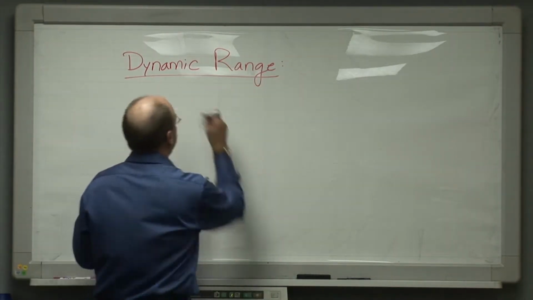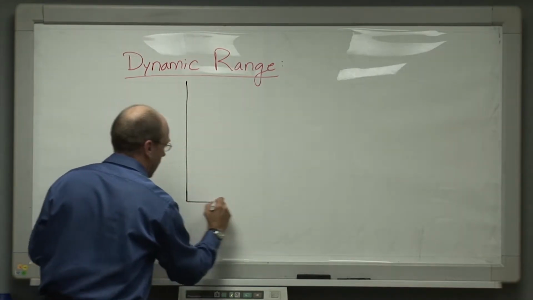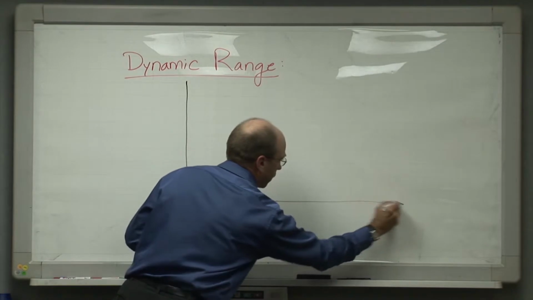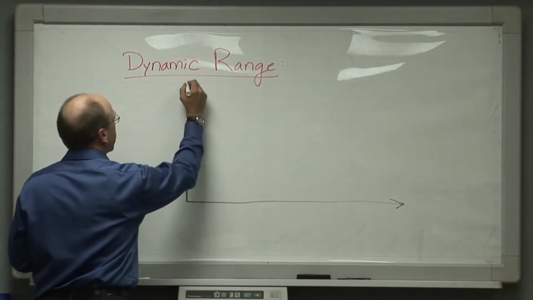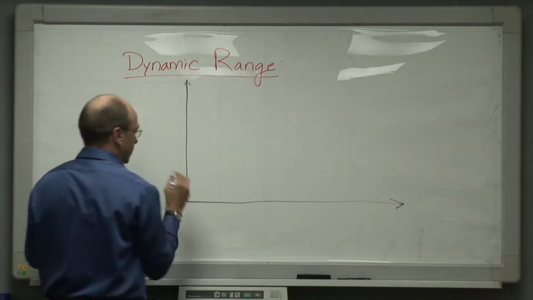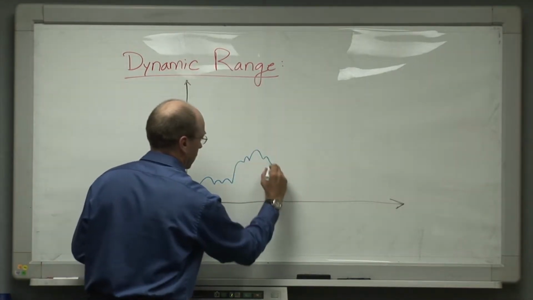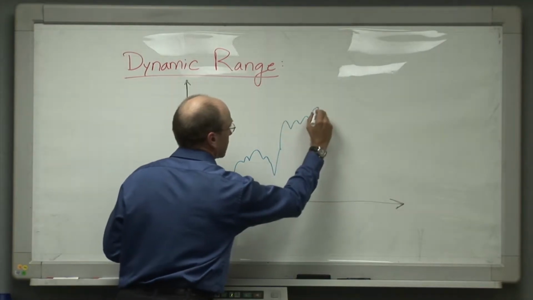Suppose that this is our spectrum that we're going to measure, and the radar emission looks something like this.